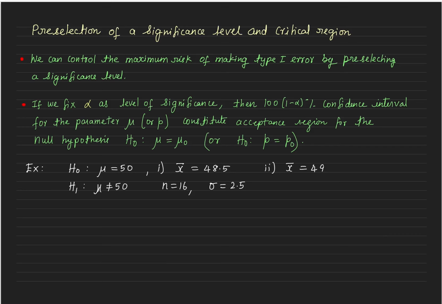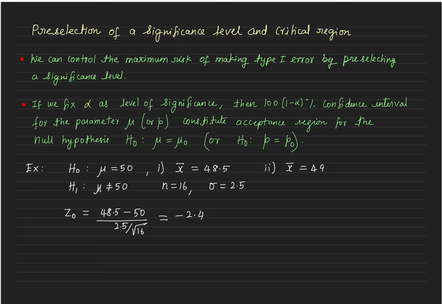When x bar is equal to 48.5, the corresponding z value, let me call it z naught, is 48.5 minus the population mean. They are claiming that mu is equal to 50, so let me substitute 50 here, divided by sigma divided by root n, 2.5 divided by root 16. And this value is minus 2.4.